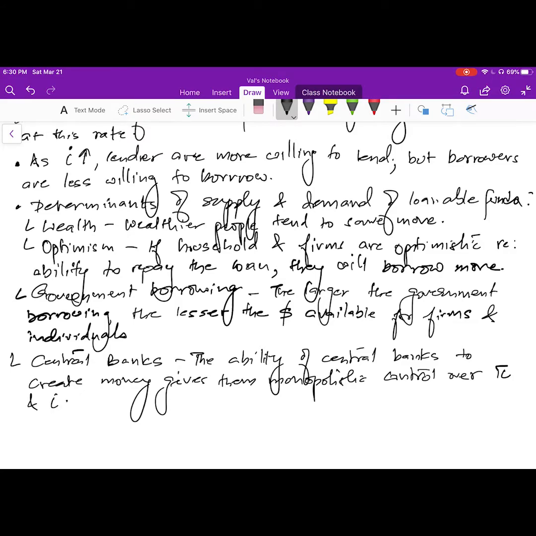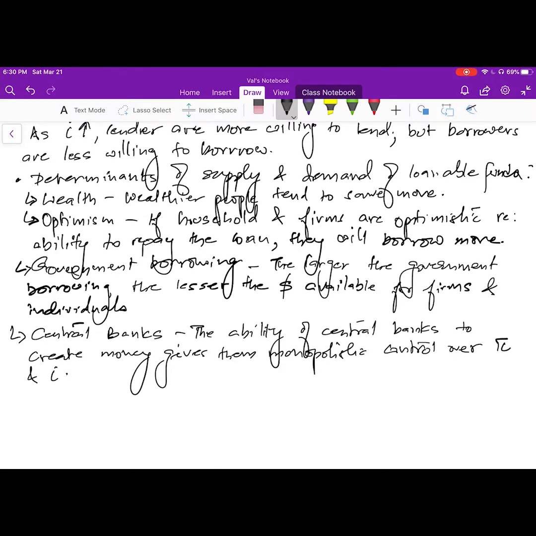Okay, so those are the determinants of supply and demand for loanable funds. Okay, let's move on to section 13.1.3.